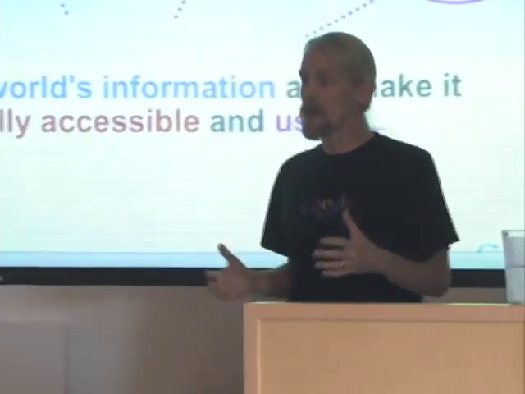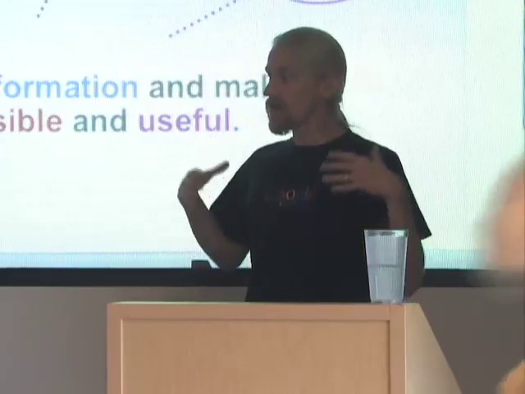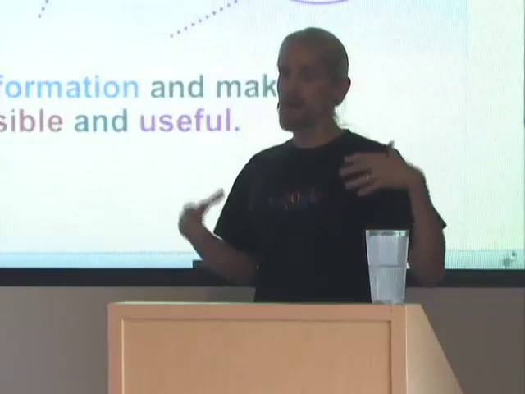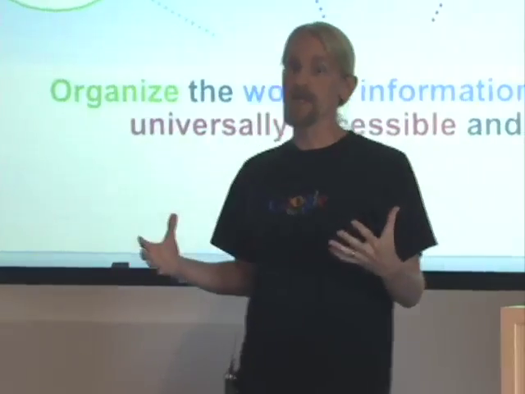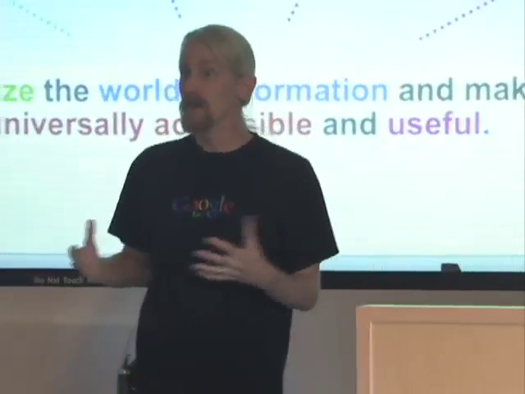Right? So Google is not writing mapping software to produce the map. The map is just a means to an end, and that end is to display the world's information geographically.